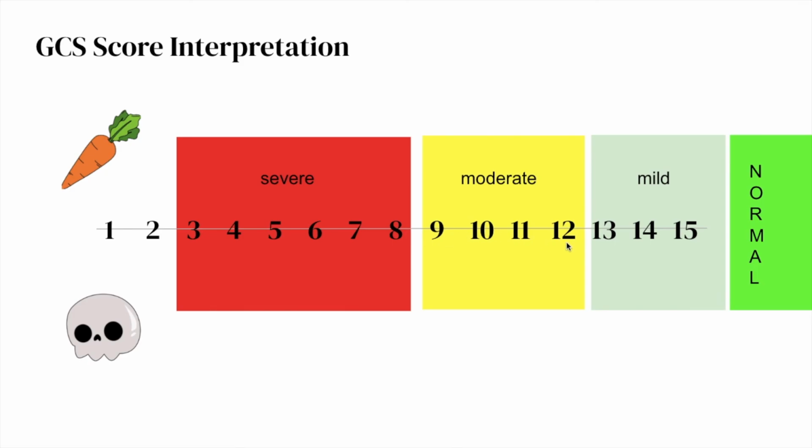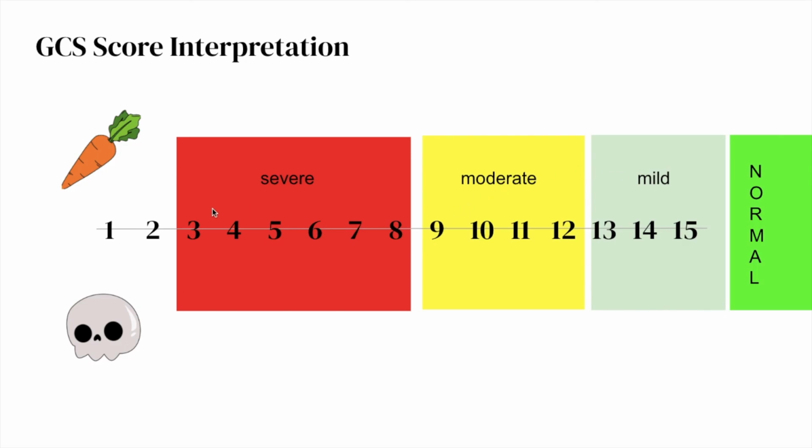A 9 to a score of 12 would be considered a moderate brain injury. One way to remember moderate versus mild is lucky number 13. If you get a 13 or more, consider yourself lucky because it's just mild and will hopefully resolve quickly.